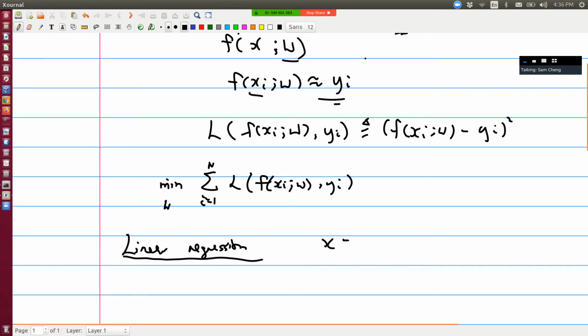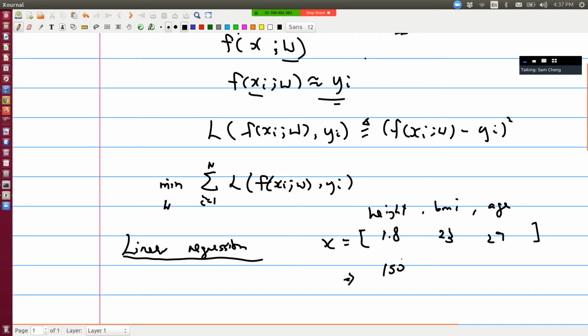Let's say x contains his height, his BMI and his age, so just 3 values, and I want to predict his mass or weight. Let's say his height is 1.8 meters, BMI is 23 and age is 29. And then I have some weight there, maybe 150 pounds, I don't know.